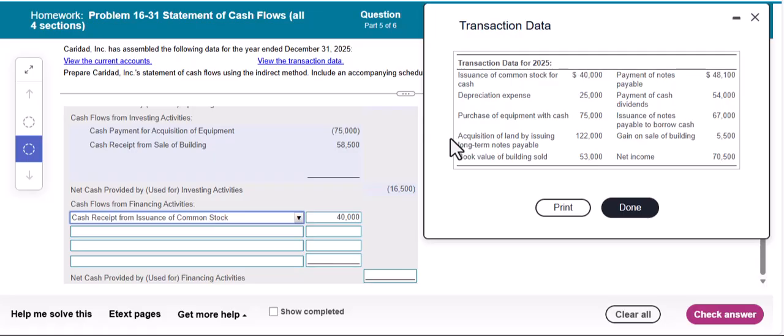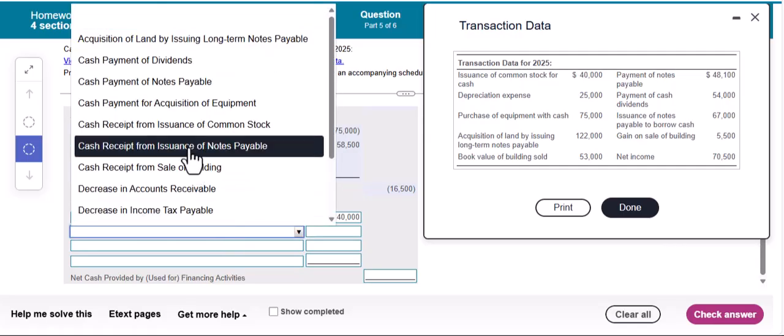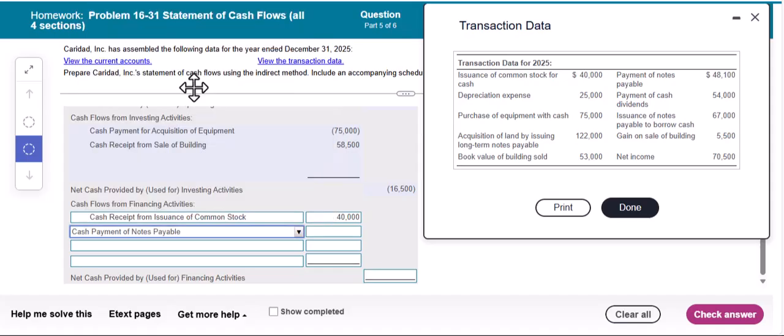And then we have a payment of notes payable for 48,100. So that's going to go here. We have a cash payment of notes payable for 48,100, and since cash is going out in order to pay, this is a negative here. So we'll put negative 48,100.